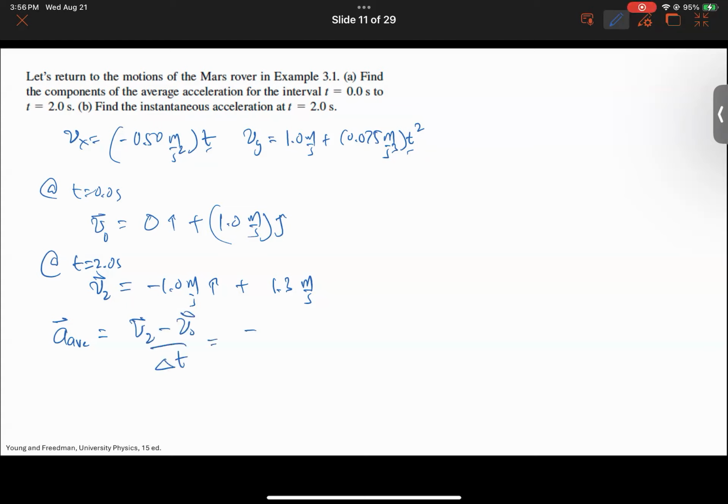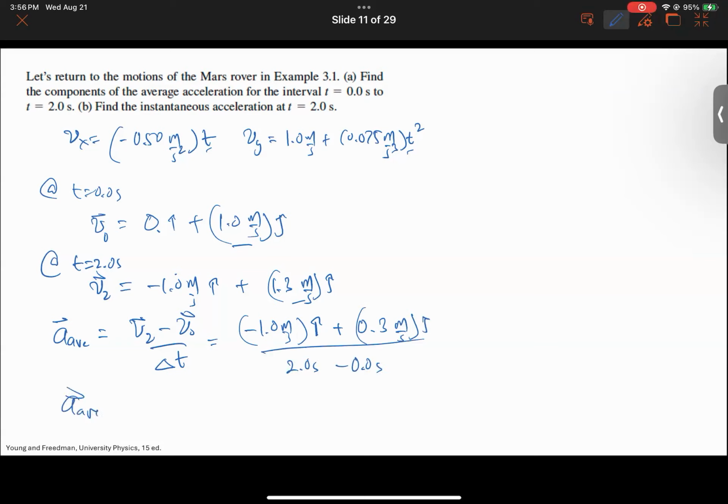So that's negative 1.0 meters per second minus 0, i hat, plus 1.3 meters per second minus 1.0 meters per second, j hat, so that's 0.3 meters per second j hat, and delta t is 2 seconds minus 0.0 seconds.